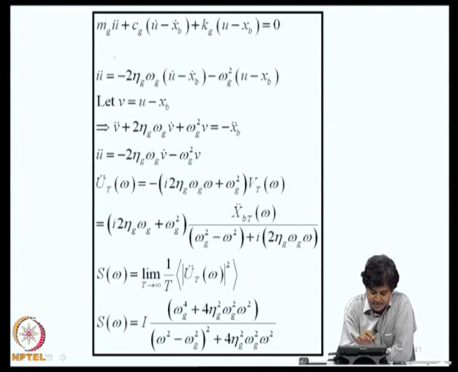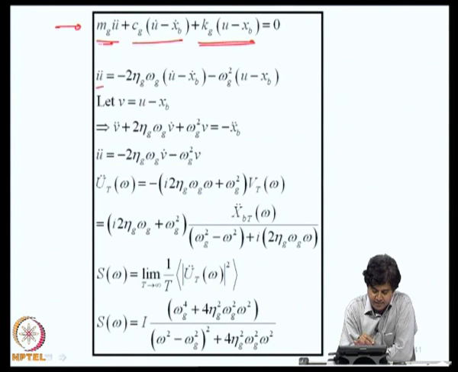If you write the equations now, this is the equation for the total displacement of the ground, that is, the total displacement of the mass. So, this is mg u double dot, cg is a damping force which is a function of u dot minus xb dot. Similarly, kg is the spring force which is a function of u minus xb.